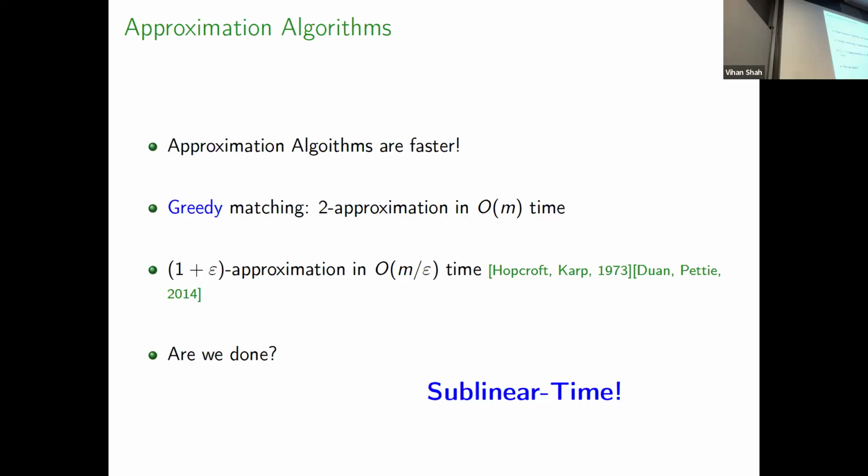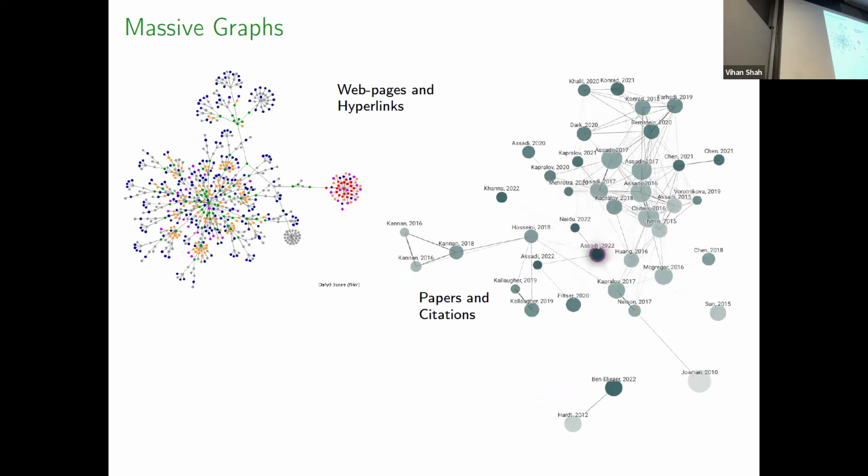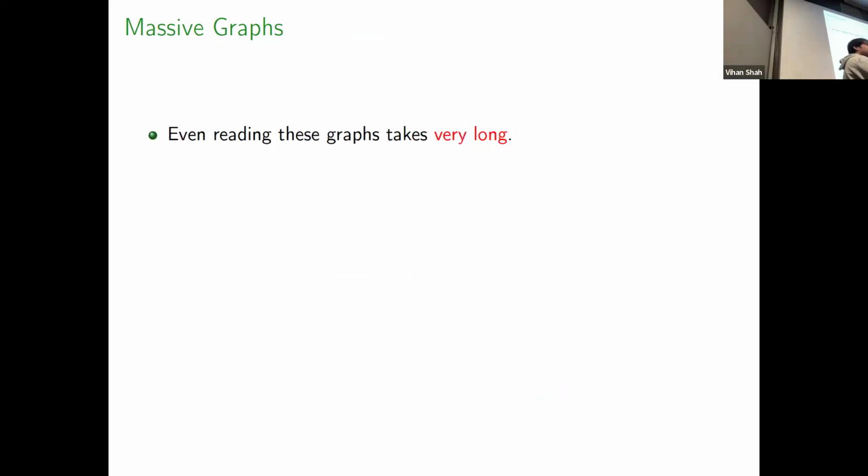So today we live in this world with massive graphs, and a lot of you have seen these pictures already, but there are two people who haven't. So we have papers and citations, web pages and hyperlinks, social networks and friendship links. And with all these massive graphs, it's hard to even read the entire input. Right?